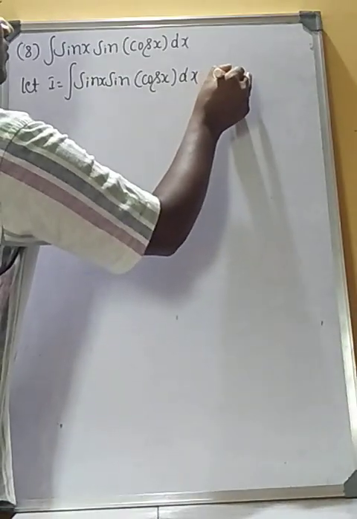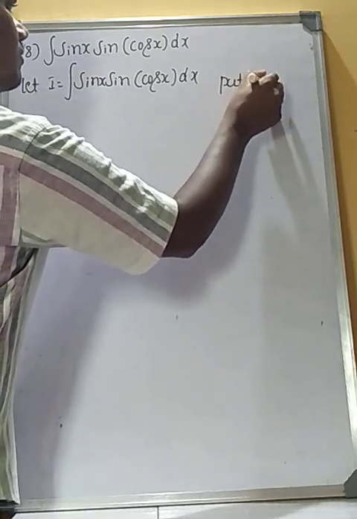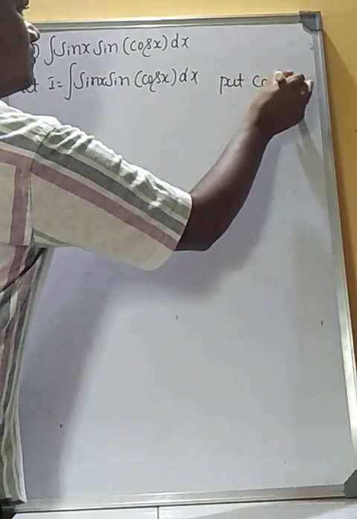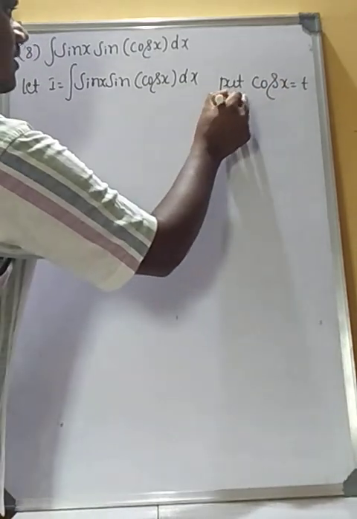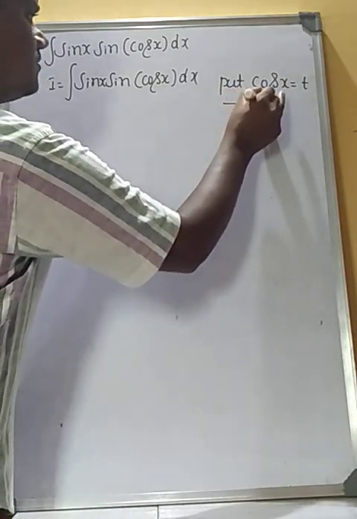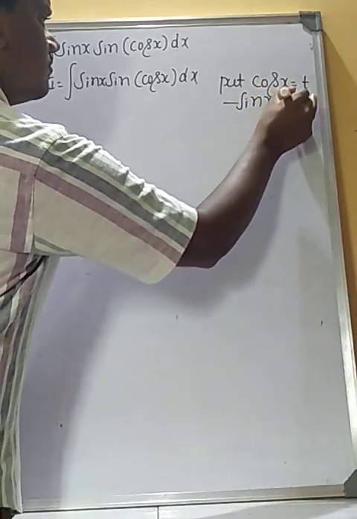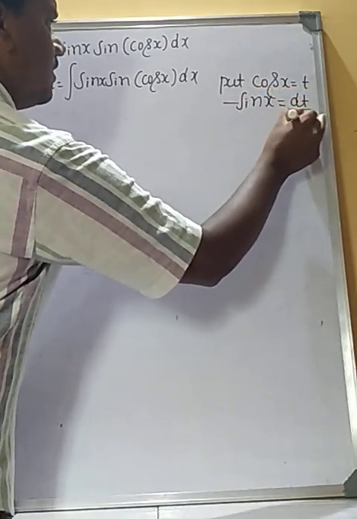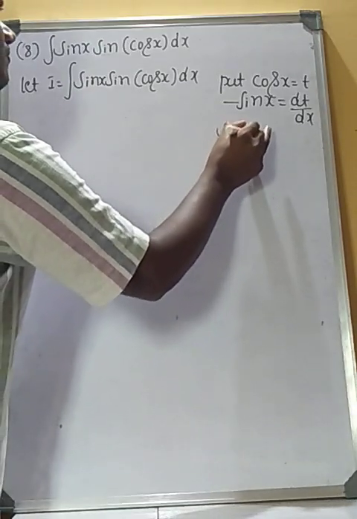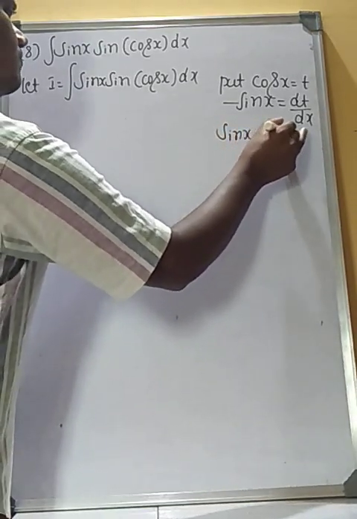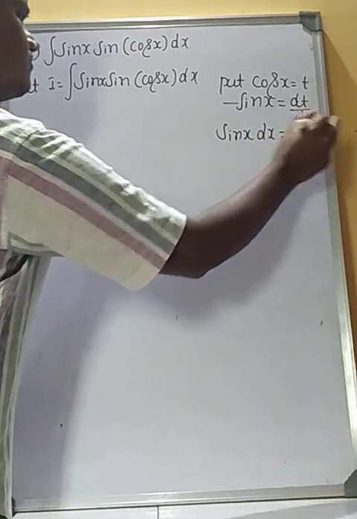So now put cos x = t. Differentiate with respect to x: −sin x = dt/dx. Therefore sin x dx = −dt.